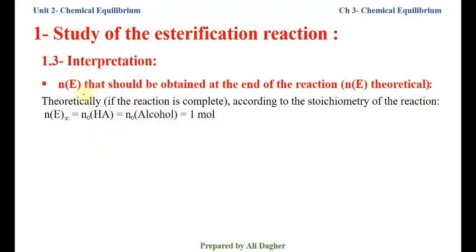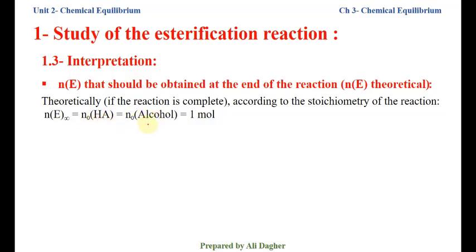Now, the number of moles of ester that should be obtained at the end of the reaction, if the reaction is complete, is called the theoretical number of moles of ester. Theoretically, if the reaction is complete and according to the stoichiometry of the reaction, the number of moles of ester at the end of the reaction at infinity equals the initial number of moles of acid or alcohol, because the initial mixture is stoichiometric.